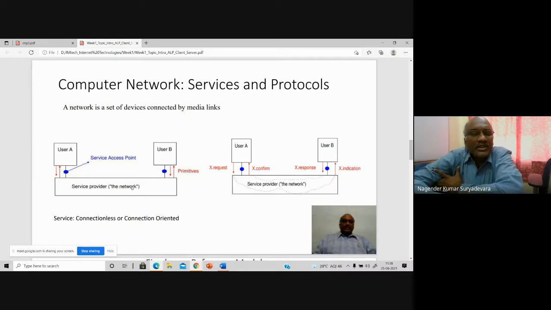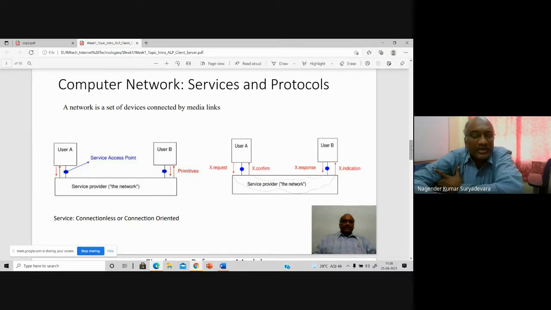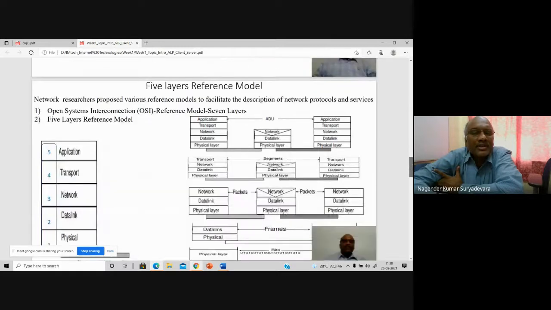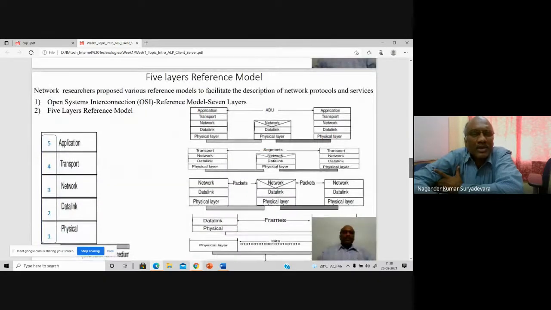So what is connectionless and what is connection oriented? We will come to know after discussing the 5 layers reference model, so that you'll understand it.